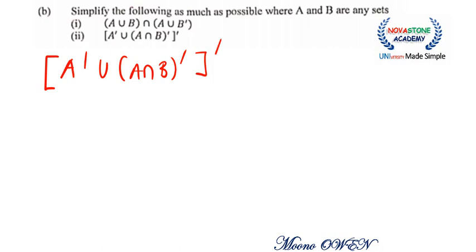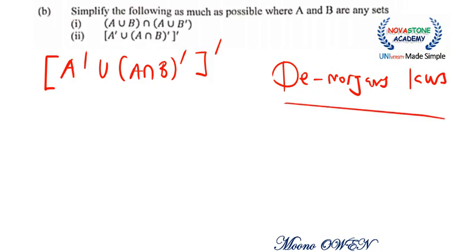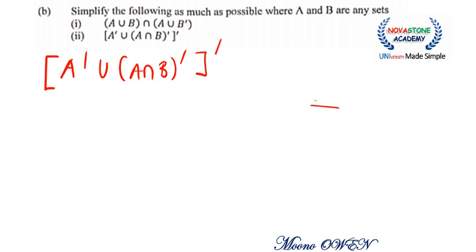So basically this is what we call De Morgan's laws. To understand this law in detail, with practice questions, you can just type De Morgan's laws Novastone Academy. You're going to find a full video explaining that.